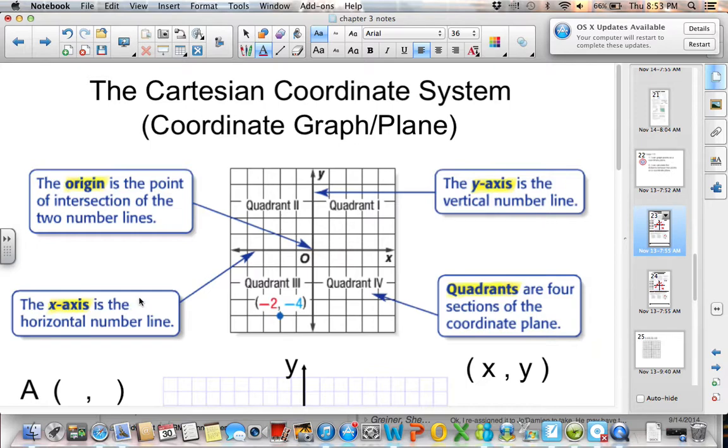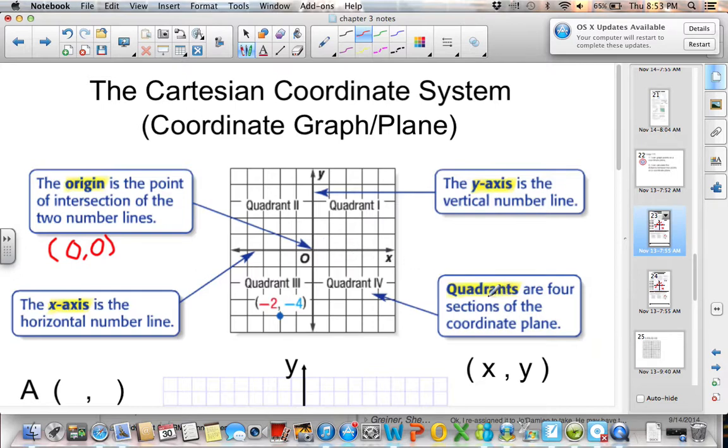The x-axis is the horizontal number line, and the y-axis is the vertical one. The origin is where the two lines meet, which is the point 0, 0, because you're at x equals 0 and y equals 0. So all this starts at 0.